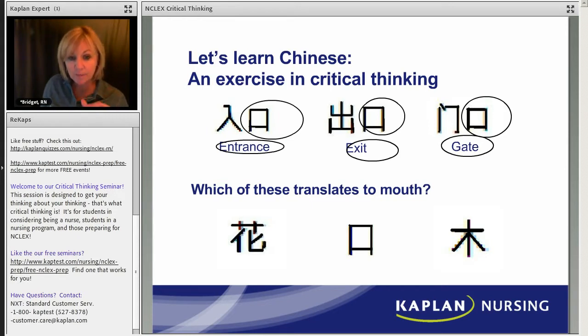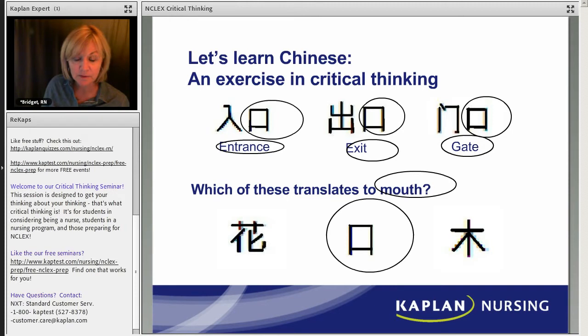They're all openings. And then you look at the question, which of these translates to mouth? And mouth is an opening. And here's the shape. Does it make sense that this is an opening and these are openings?